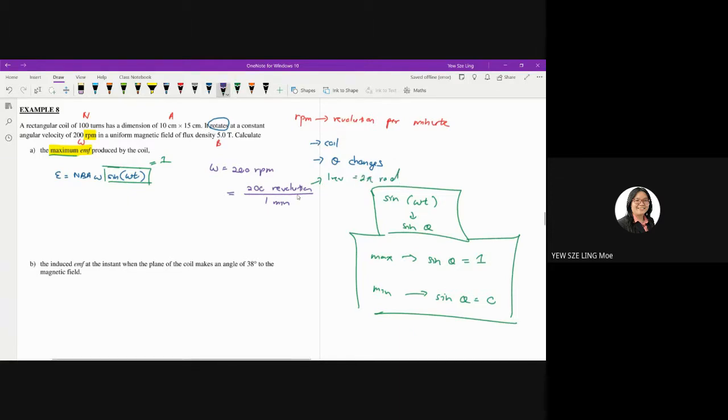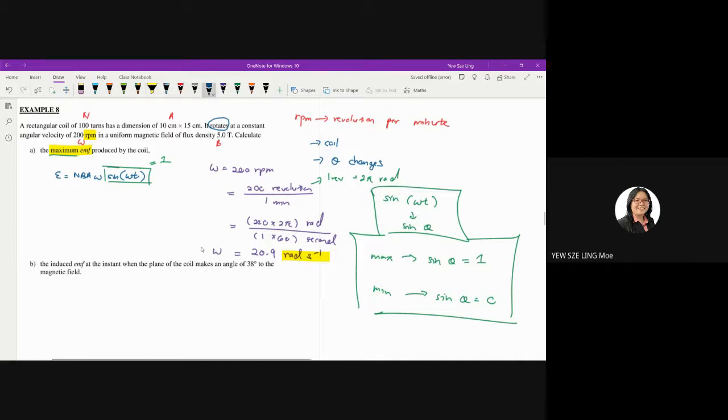Therefore, to convert it into radians, it equals 200 times 2π radian divided by 1 times 60 seconds. Therefore, this ω equals 20.9 radian per second. This is what we call the SI unit, radian per second.